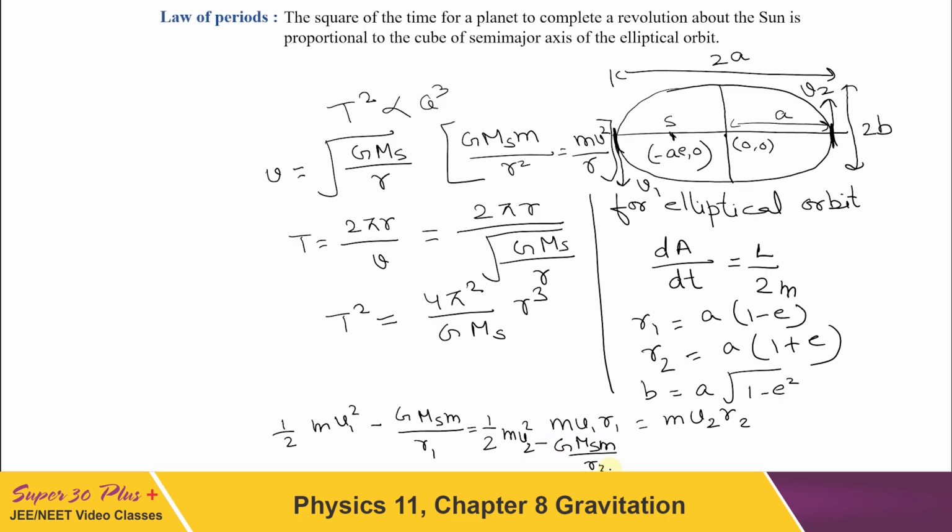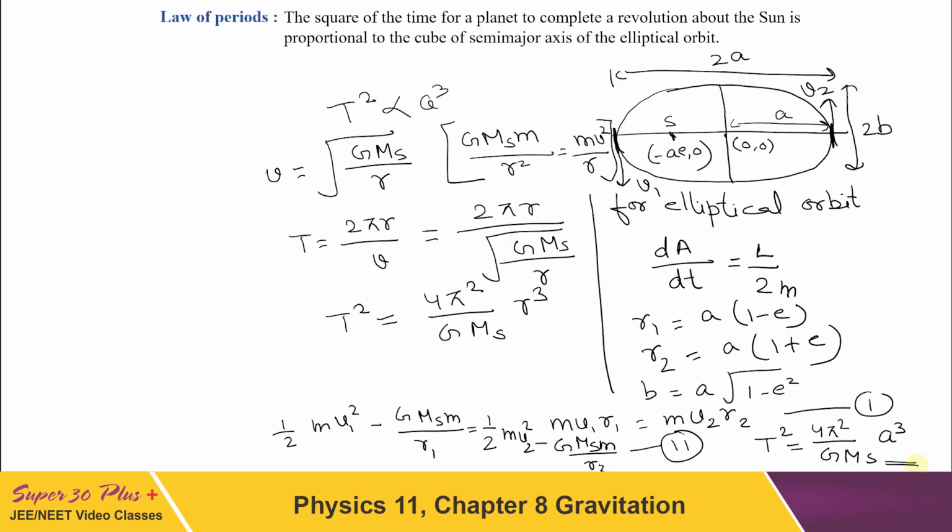So on solving equation 1 and equation 2 and taking help of the relation between a and b and the values of R1 and R2, finally we will get T square to be equal to 4 pi square upon G Ms into a cube, which is the original form of Kepler's third law, that is the law of periods.